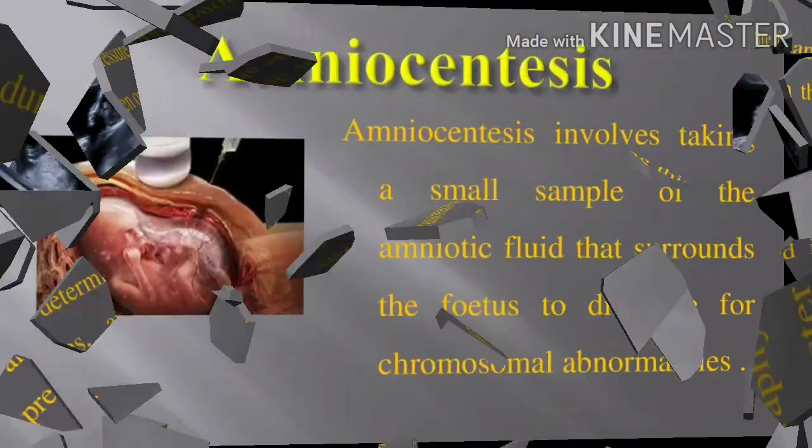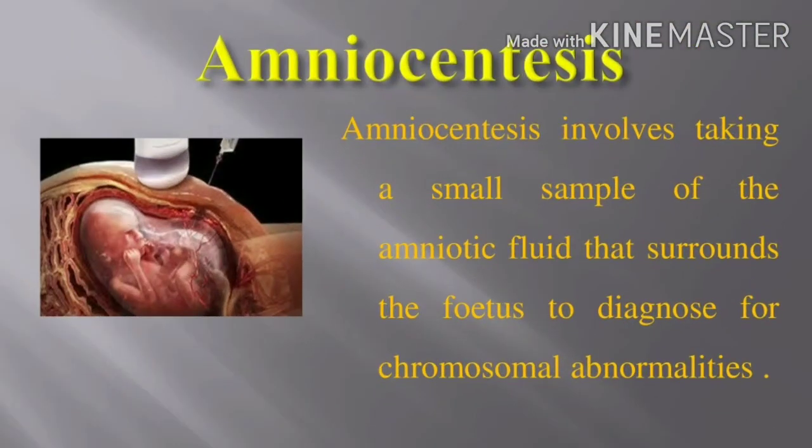Next is amniocentesis. We already studied amniocentesis. What is the sample in amniocentesis? That is amniotic fluid, which is present surrounding the fetus. The fetus floats in the amniotic fluid. What is the use of this diagnostic test? It is used to diagnose chromosomal abnormalities.